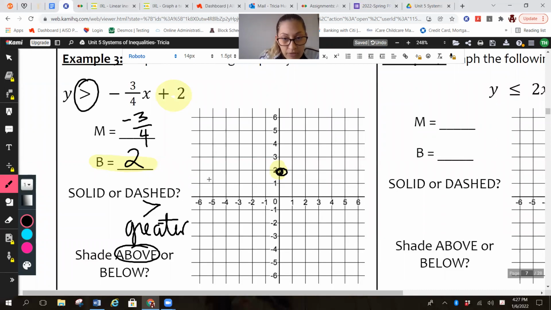So I'm going to go down 3, 1, 2, 3, and over 4, 1, 2, 3, 4. And going down 3 and over 4, I'm going to run out of space. So let's go the other direction. Go up 3, 1, 2, 3, and over 4, 1, 2, 3, 4.